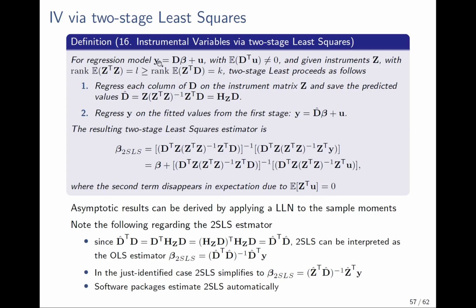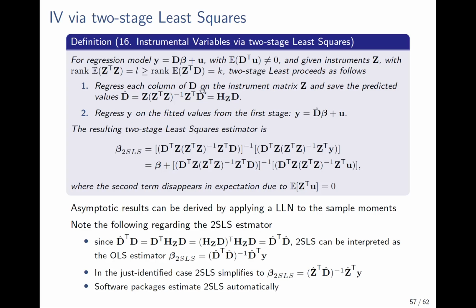So for a regression model that we've been looking at in this part of the lecture, with an endogeneity problem, failing Gauss-Markov condition 3, and given instruments Z, which are valid and which satisfy the rank and order conditions, then two-stage least squares proceeds as follows.